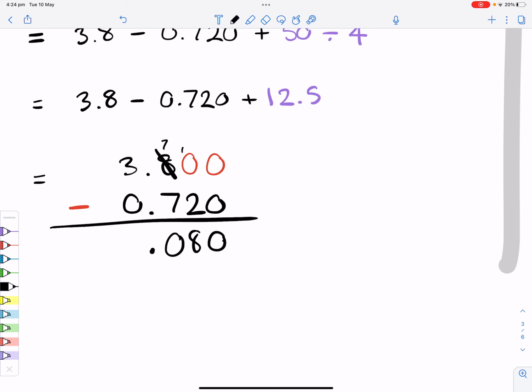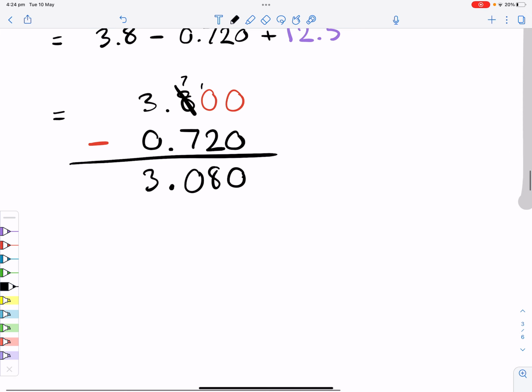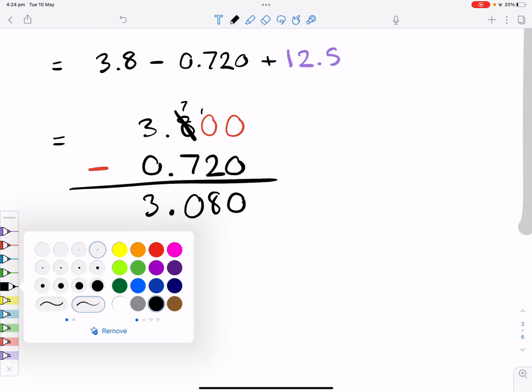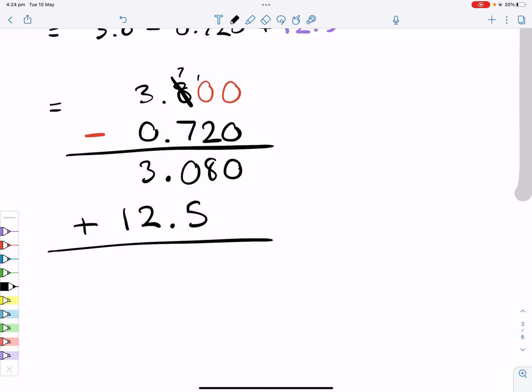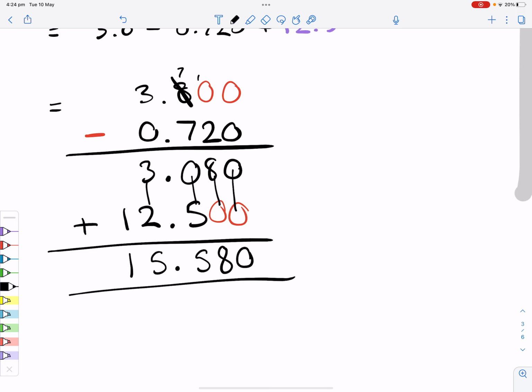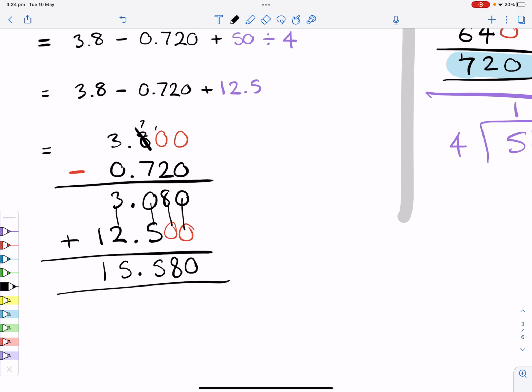Now I can introduce the adding the 12.5, so add 12.5 to finish the problem. I should get, and I've got some empty zeros that I can add on there. 0 plus 0, 8 plus 0, 0 plus 5, 3 plus 2, and then the 1. So that should be the final answer.